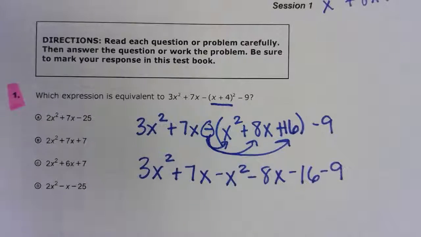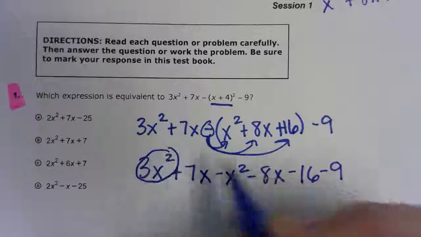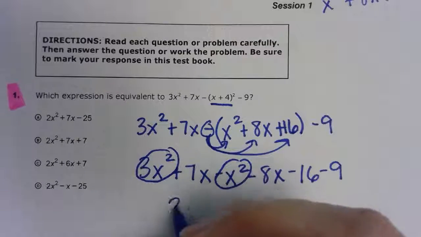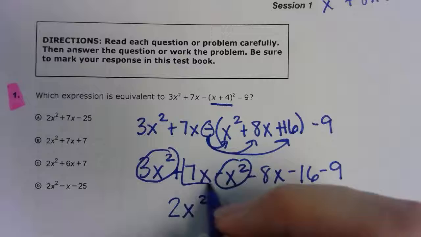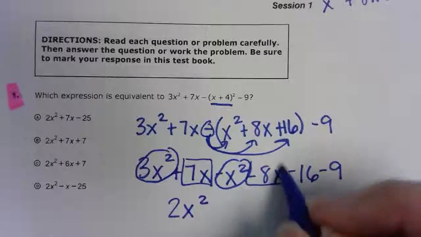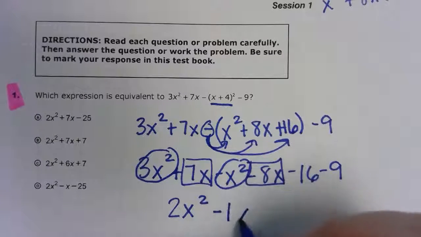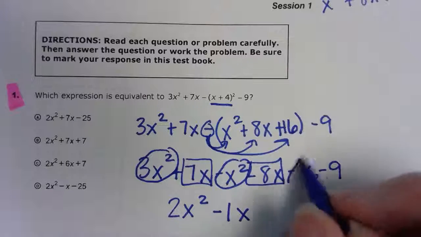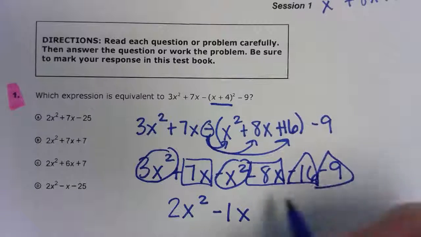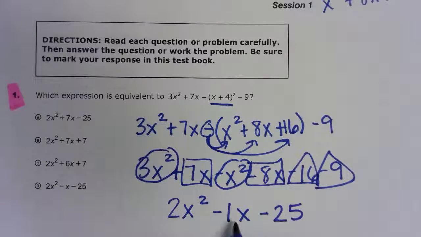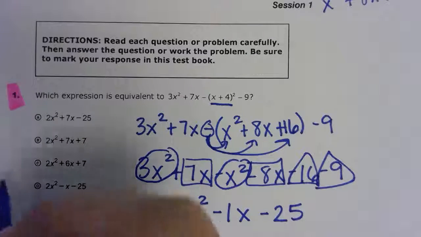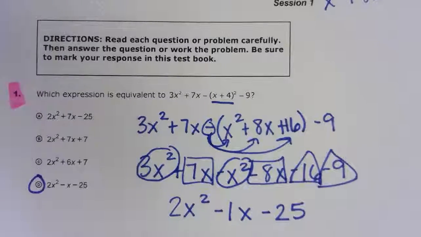So now I can combine like terms. 3x squared minus x squared is 2x squared. 7x minus 8x is negative 1x. And negative 16 minus 9 is negative 25. So 2x squared minus x minus 25, which is D.